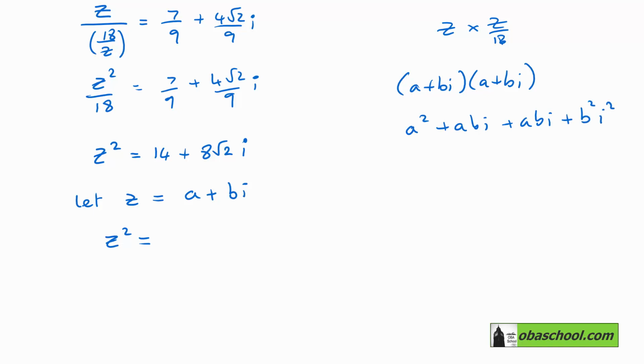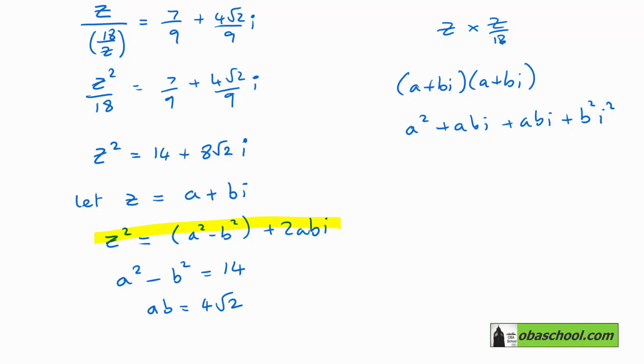So that gives me a squared minus b squared plus 2abi. And therefore, a squared minus b squared is equal to 14, and ab is equal to 4 root 2. Just comparing this with this. So let's call these 3 and 4.